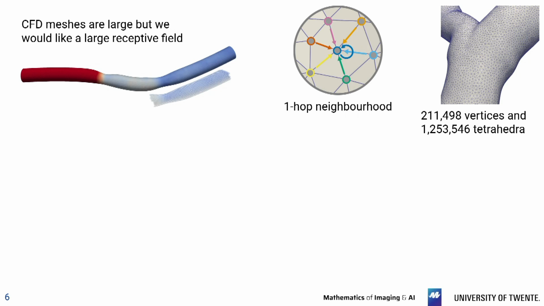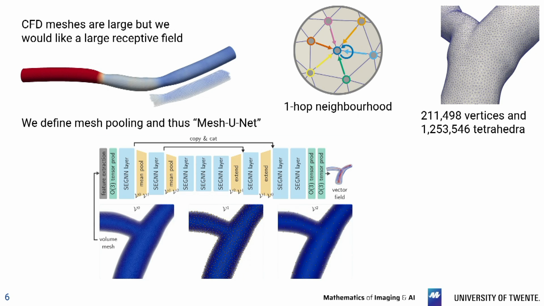And this might be okay for small meshes, but for large meshes it is a very inefficient way of growing the receptive field. How we worked around that is by defining some form of pooling. This works by defining a hierarchy of subsets of the mesh vertices.